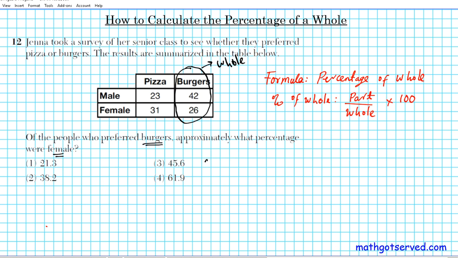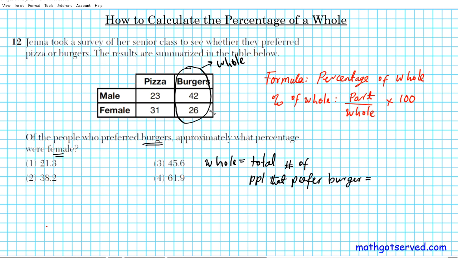Let's go ahead and write that down. The whole component of the formula is the total number of people. I'm going to write it as PPL, total number of people that prefer burgers.